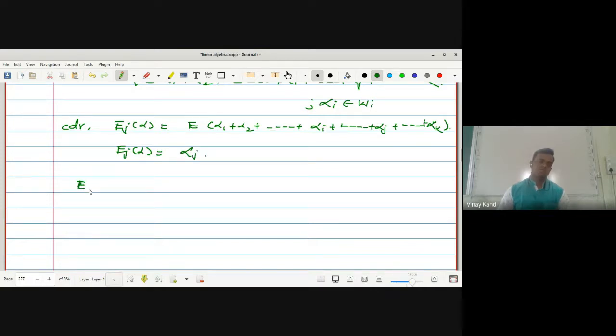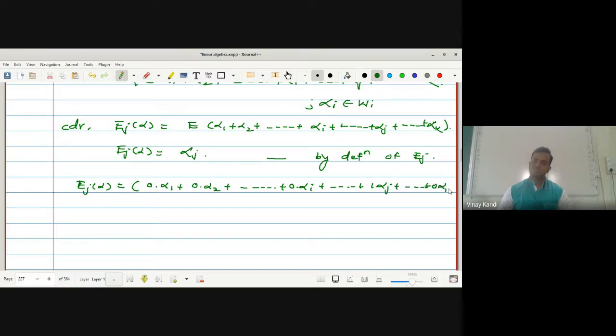Yes, by definition of EJ, this element we can write again as 0 into alpha 1, 0 into alpha 2, plus 0 into alpha I plus 1 into alpha J plus 0 into alpha K.